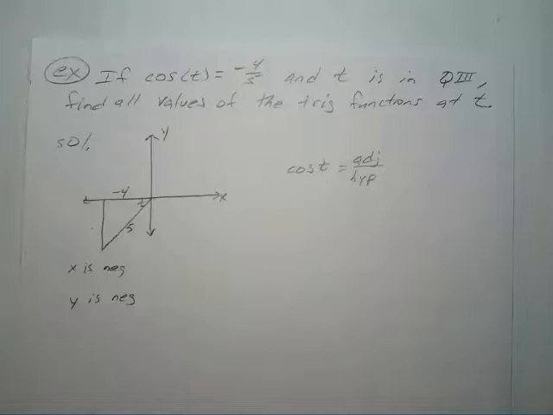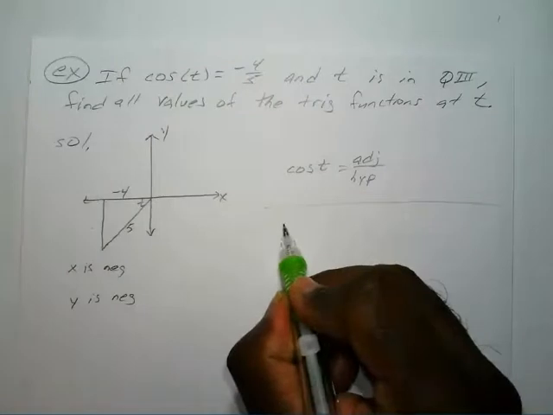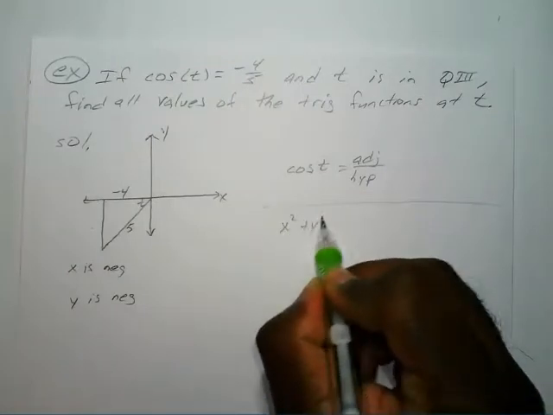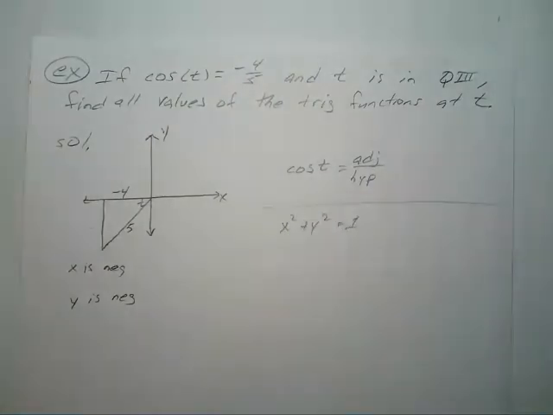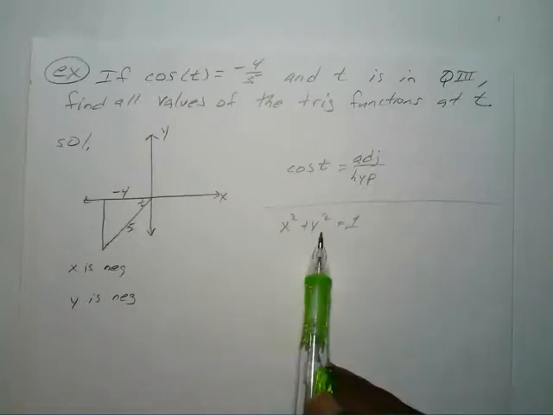So how do we figure that out? We use the fact that x squared plus y squared equals 1. That means sine squared plus cosine squared equals 1. You can go in either order, it doesn't matter.